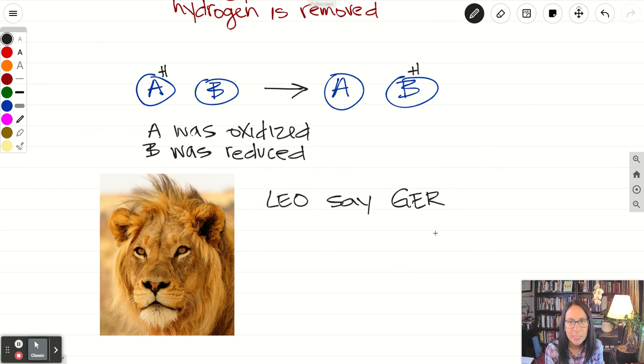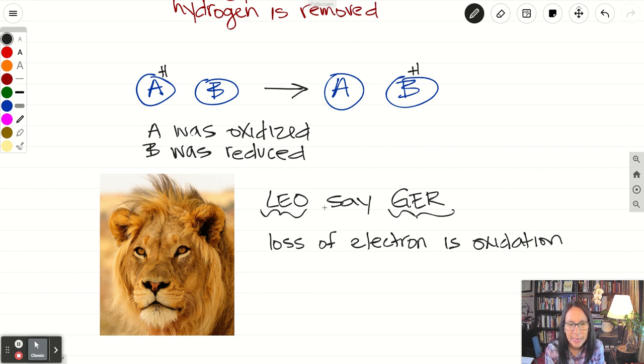Leo means loss of electron is oxidation. And then GER means gain of electron is reduction.